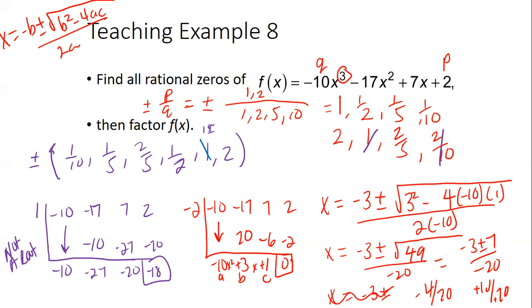So what is 4/20 reduced to? 1/5. So we have -1/5 as a winner. We had -2 was a winner. And what is 10 over 20 reduced to? 1/2. And those were our answers.